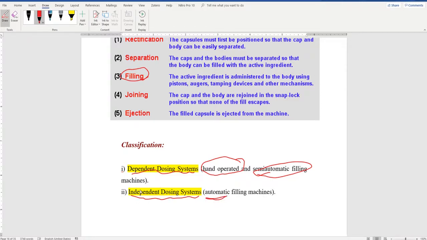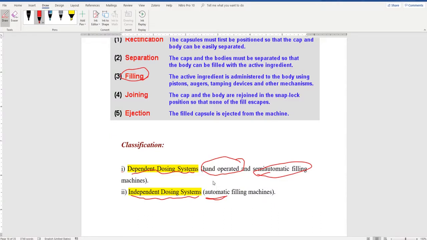Remember independent, what did we say? We said not the whole body will be filled, but part of the body will be filled. We don't forget that we are using plugs here in filling the machine, and this is the more common in the industry.